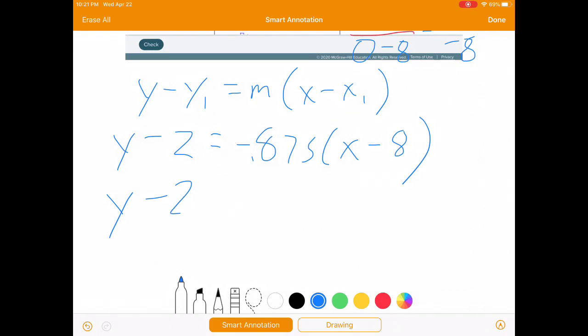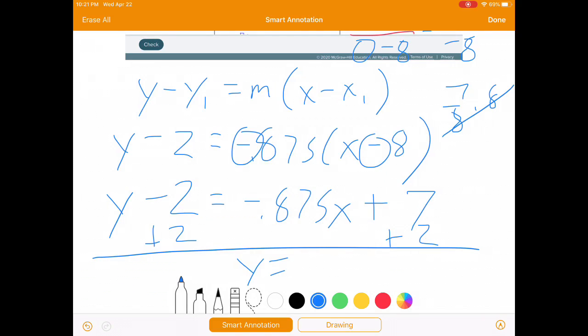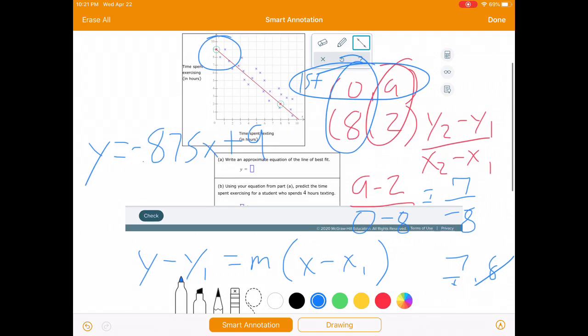So simplifying that gives us negative 0.875x, and then a negative times a negative is positive, and negative 0.875 times negative 8 is a positive 7. Remember that was 7/8 times 8, so the 8's just cancel out. And when we add this 2 to both sides to get into slope-intercept form, we end up with y equals negative 0.875x plus 9, which just verifies that our y-intercept was 9.